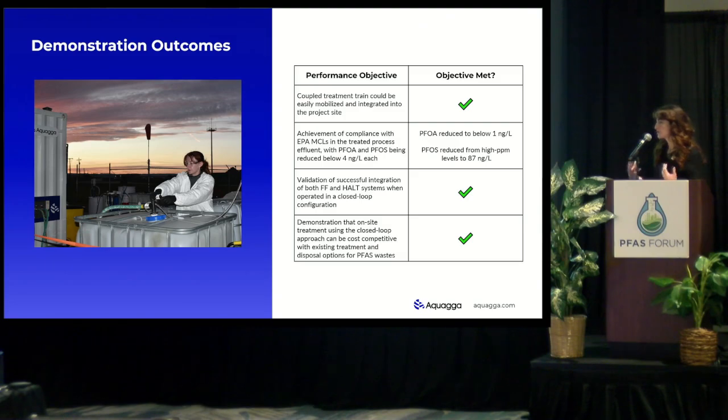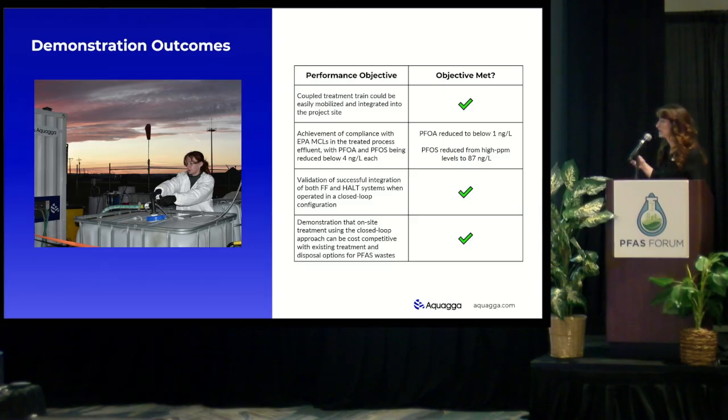So with our treatment train and our operational data, we took electricity, all of our chemical, and then also operator implementation and things like that, and it is cost competitive, which is exciting. Dan can talk to you a little bit more about that though. And then lastly, do we hit those MCLs?